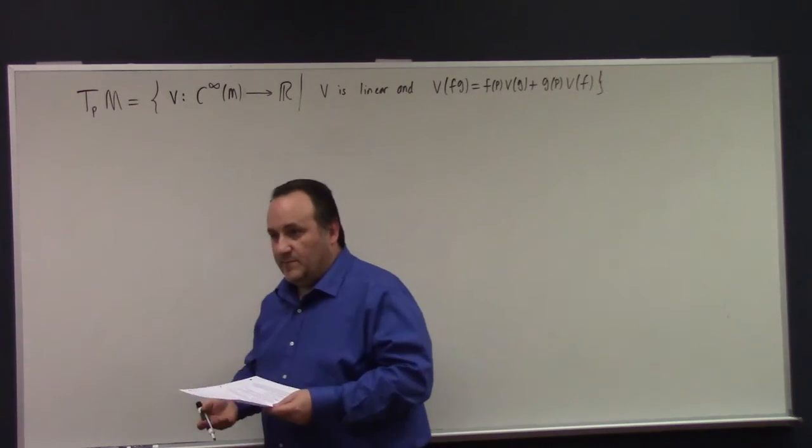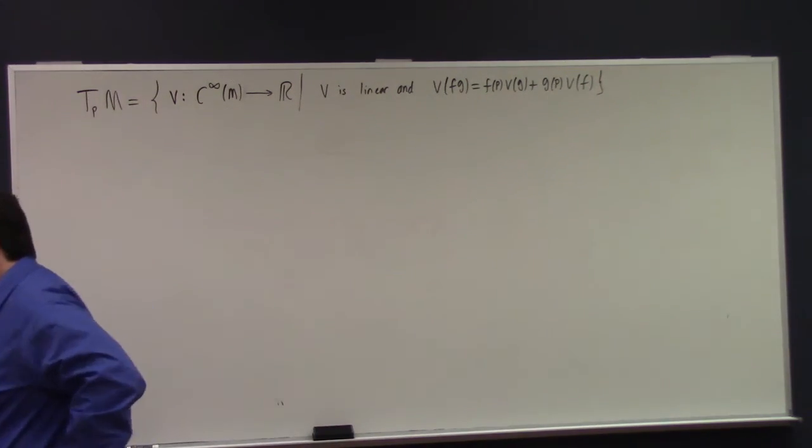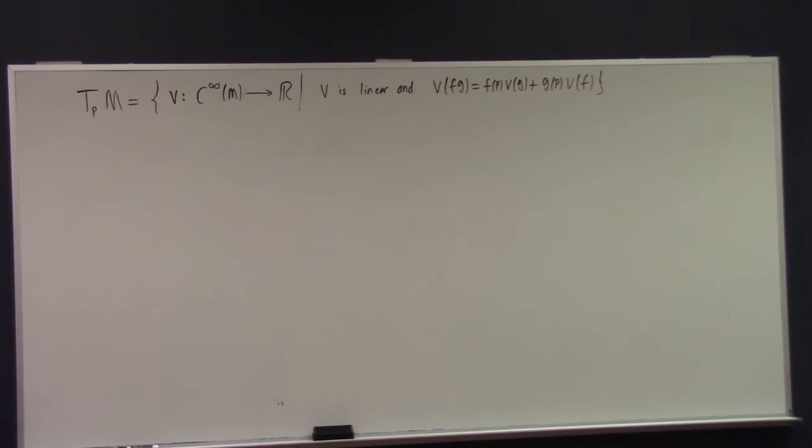In other words, the tangent space at a point p on the manifold is going to be the set of derivations on the smooth functions of the manifold. Same definition as T_a R^n. So not at odds, same definition.